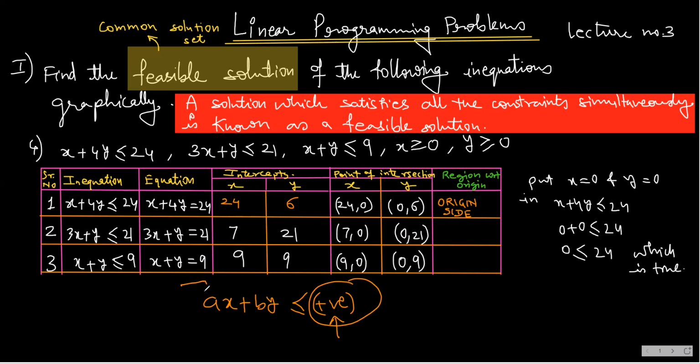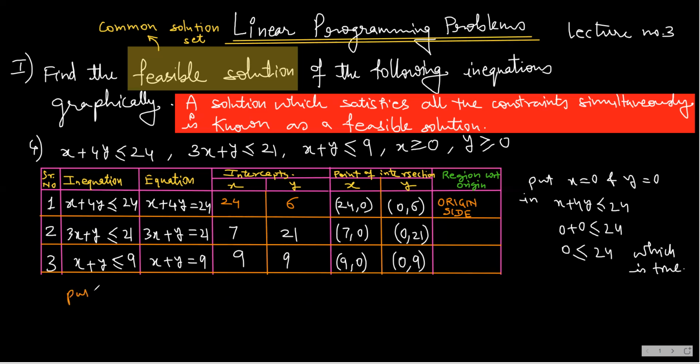This a can be negative, b can be negative, irrespective of that. If you have a positive number on the right hand side, it will always come on the origin side.